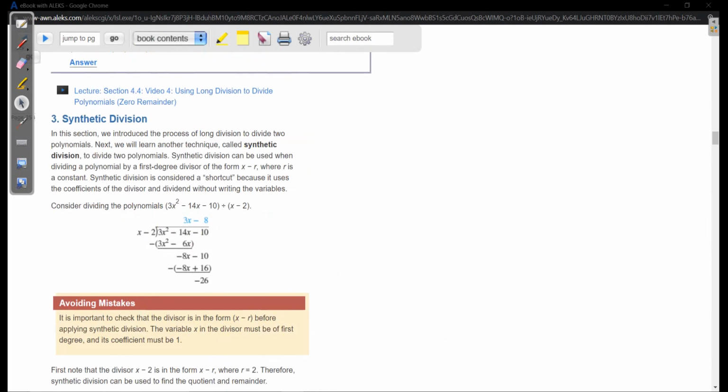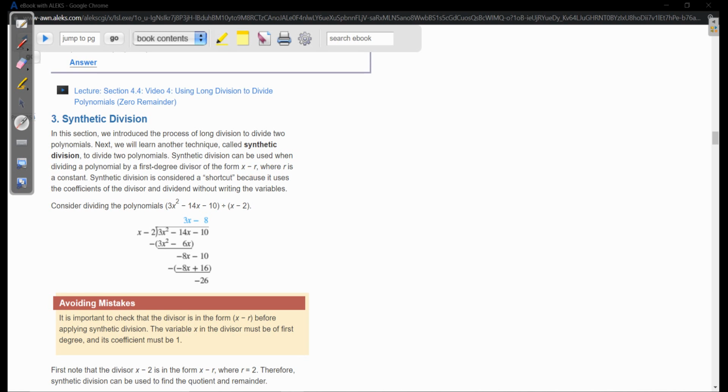Alrighty, so in this section, we introduce the process of long division to divide two polynomials. Next, we will learn about another technique called synthetic division to divide two polynomials. Synthetic division can be used when dividing a polynomial by a first-degree divisor of the form x minus r. So what this is saying is the divisor must be a first-degree polynomial.